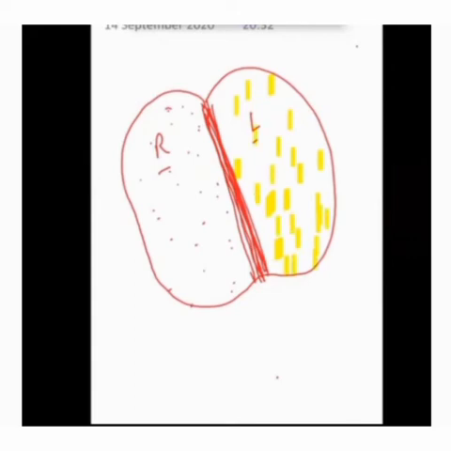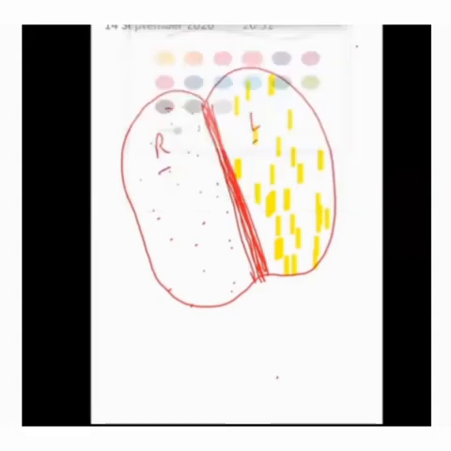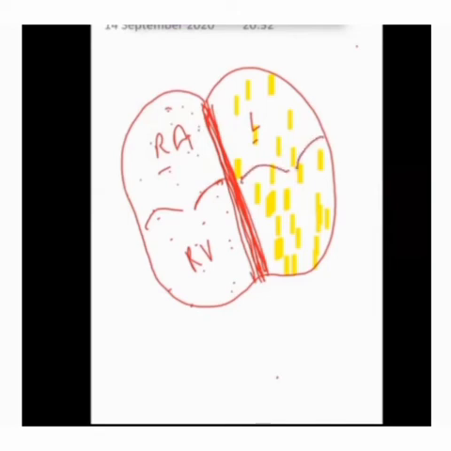Now the right side is divided into two parts, the right atrium and the right ventricle. Let me write like this. Even your left part is divided into two parts, the left atrium and the left ventricle. The bottom parts are the ventricles, and these are the atriums.